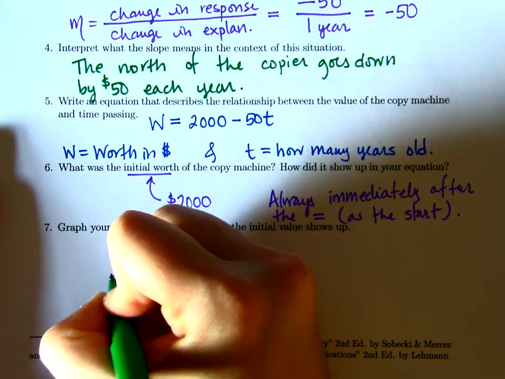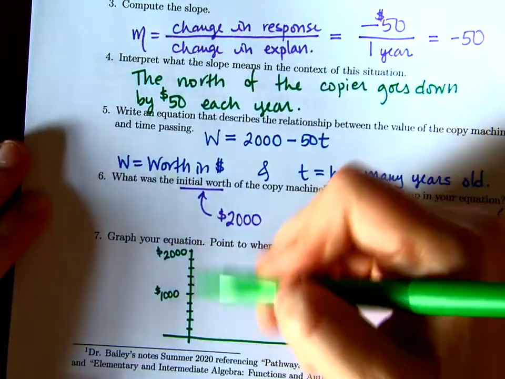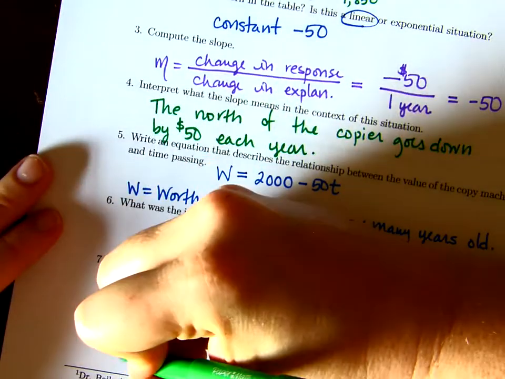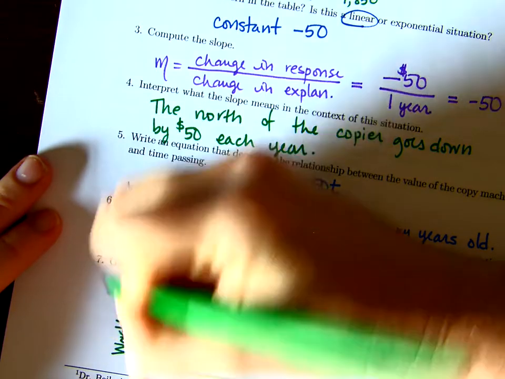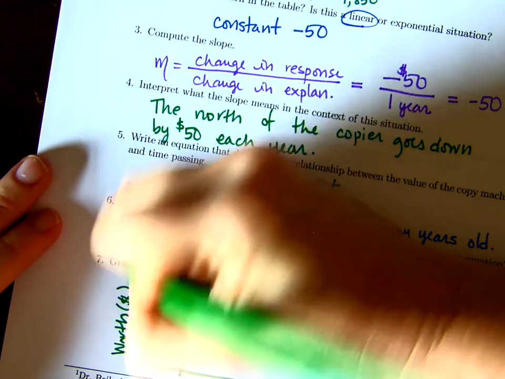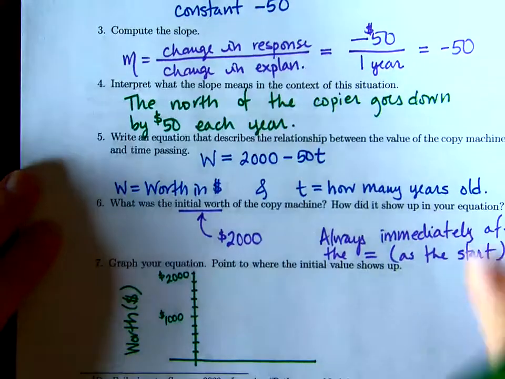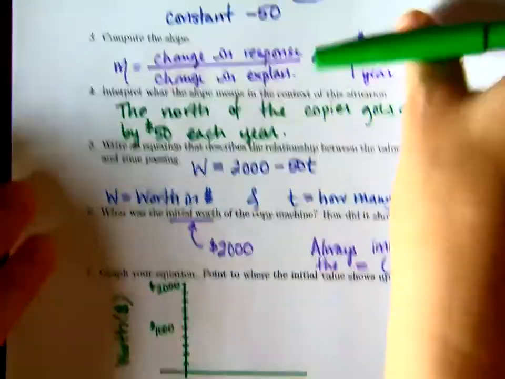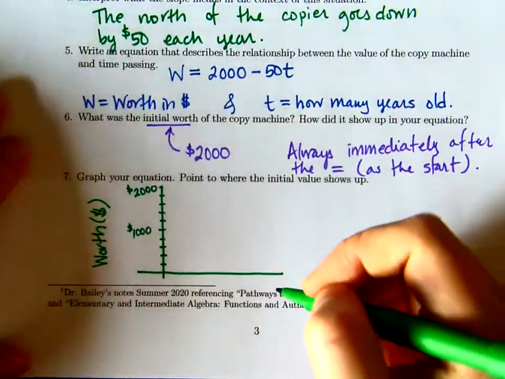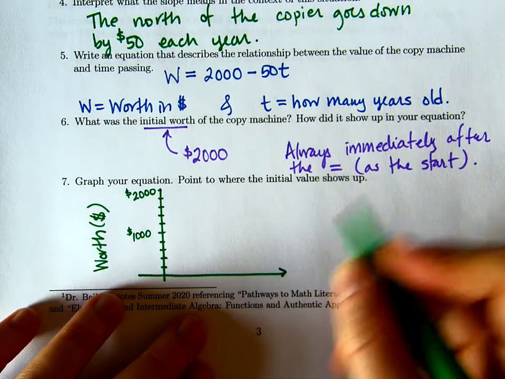Okay, so on my vertical axis here, this is the dependent variable, or the response, and that is the worth of the copying machine in dollars. And the independent variable, or the explanatory variable, is going to be years old.